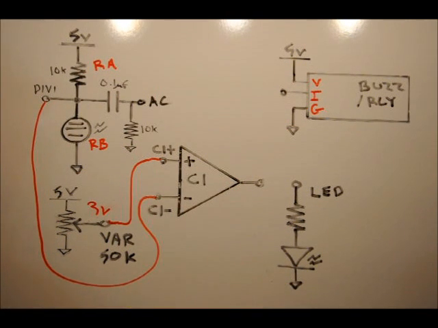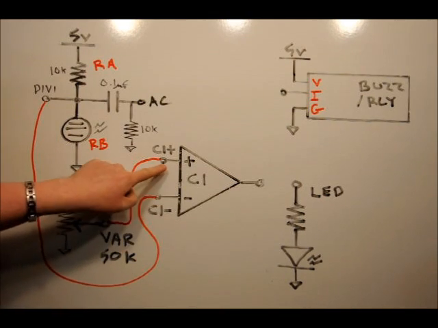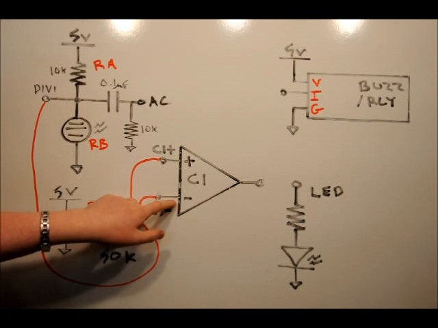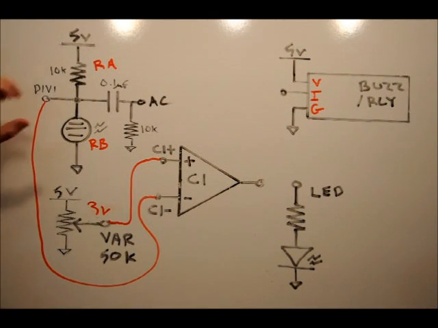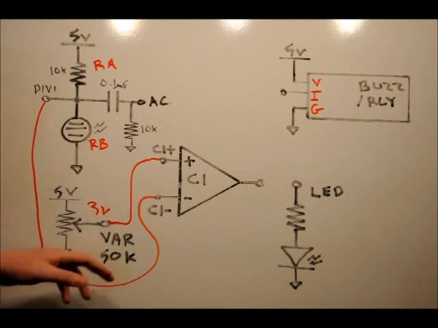In the case where there's more voltage on the negative input than there is on the positive input, the output is low, 0 volts. So, as we said, in darkness there will be roughly 4 volts here. So if we've got 4 volts in darkness on our negative input and 3 volts on our positive input, the output is going to be low because there's more voltage on the negative than on the positive. In light, let's say there's 2 volts or less on the negative, 3 volts on the positive, the output will be high.